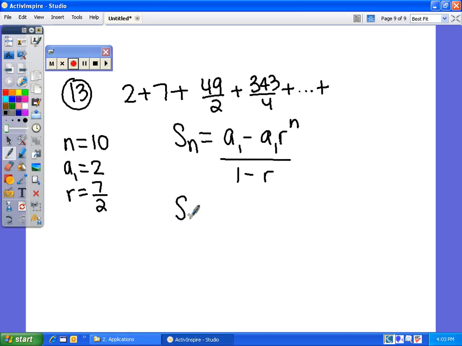Okay, watch me put this in your calculator. So we have 2 minus 2 times 7 over 2 to the 10th, all over 1 minus 7 over 2.